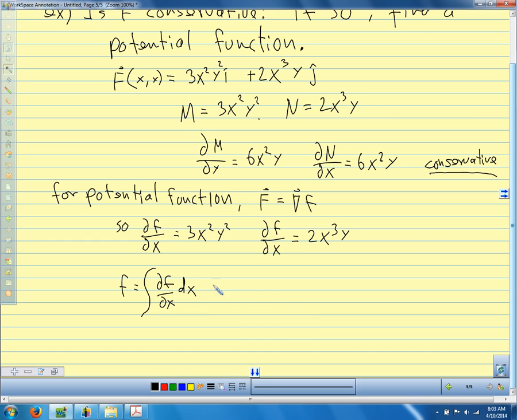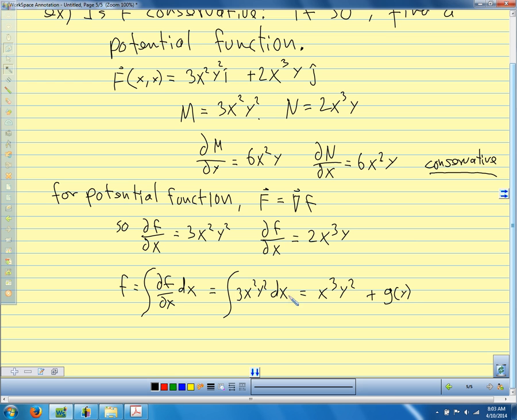So I'm going to integrate this with respect to x, and I get x to the third y squared. And here's where I have to be careful. My constant of integration could be a function of y.